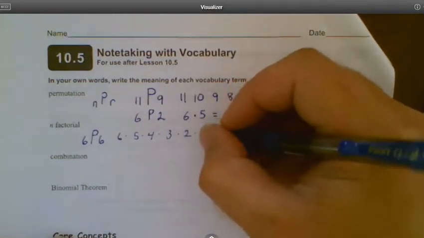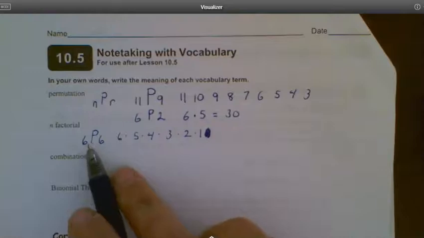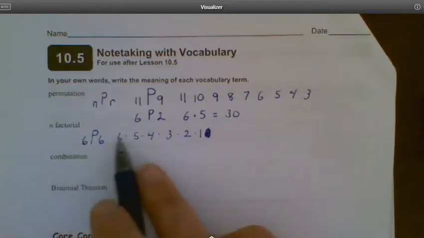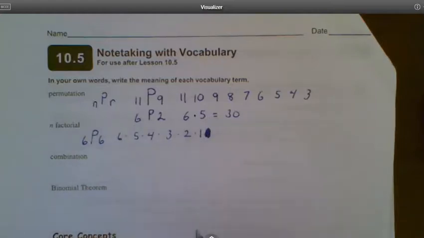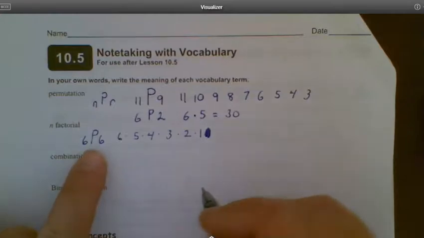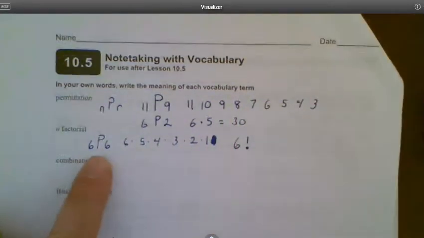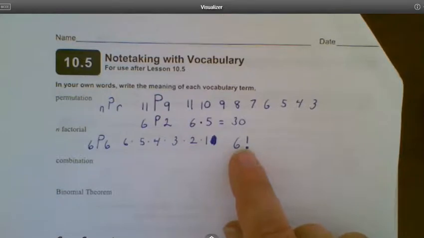It should have been a 1. Okay, so if you have 6 items and you're actually going to place all 6 of them, that means you're starting with a 6 and you're just going to count down to 1. That's called a factorial. So instead of writing it this way, you could actually write it this way. So these two things mean the same thing, right? Again, this just tells you you're starting with a 6 and you're counting down to 1.